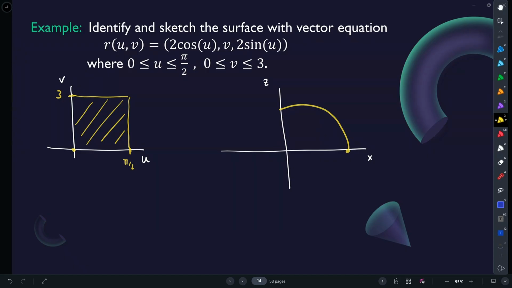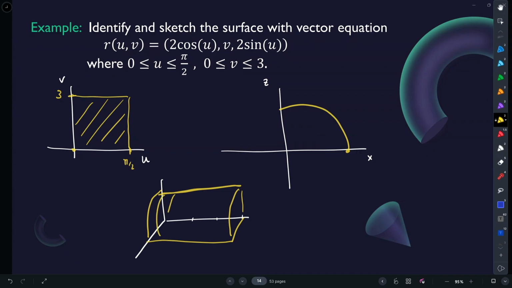And when I go from 0 to 3 in v, I only advance in the y direction up to 3. 1, 2, 3. And in x and z, I just have this. So I have this figure. And notice that I'm only parametrizing a piece of the surface of this cylinder.